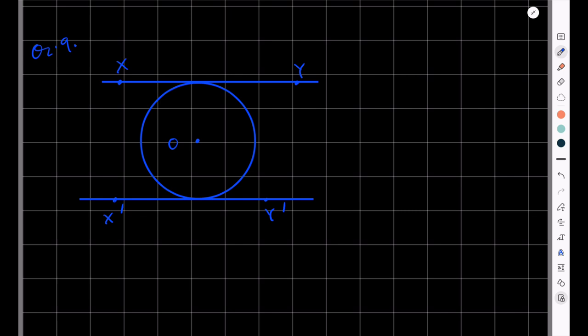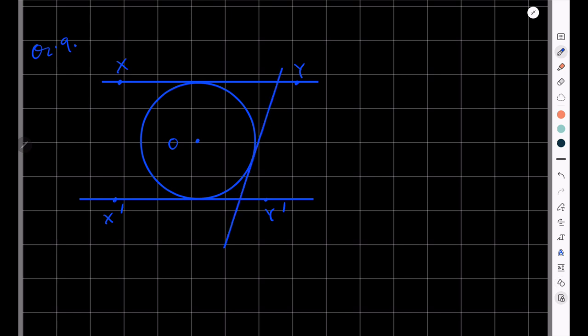Okay, so again let us make another tangent. Let me just draw it again as a straight line.